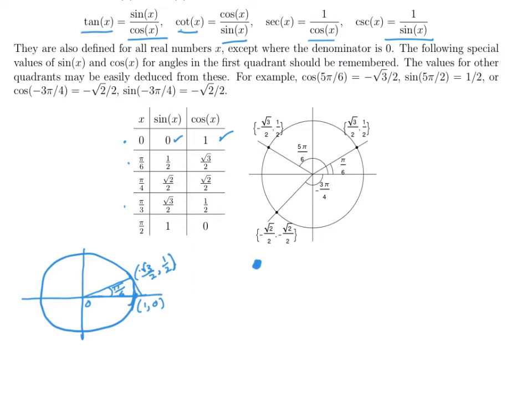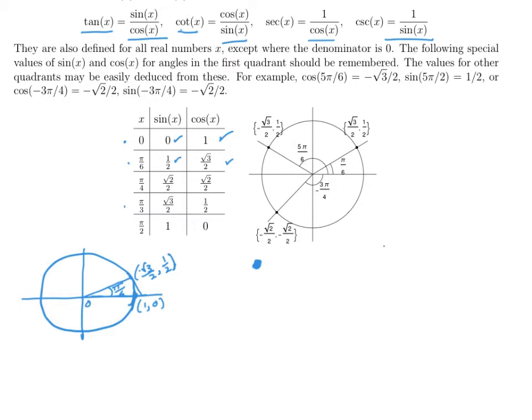So that gives you cosine of pi over 6 is √3 over 2, and sine of pi over 6 is 1/2.